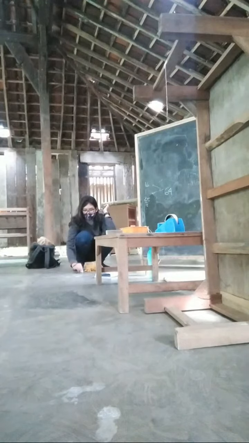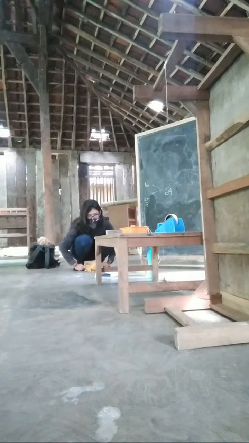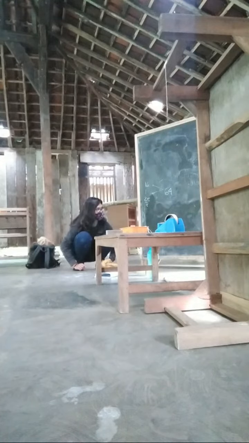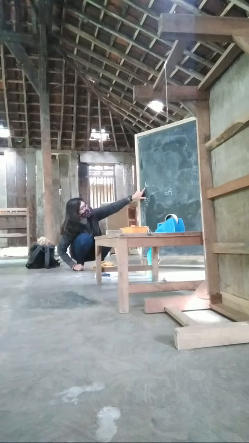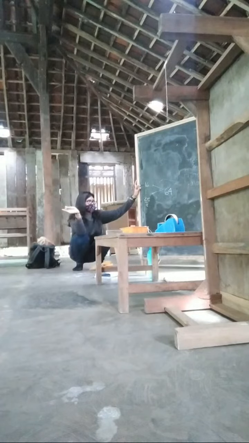64 divided by 4 equals... 64 divided by 16. And 64 can be divided by 4 too, right? That's 4. Okay, now you decide. Which one do you want to do?